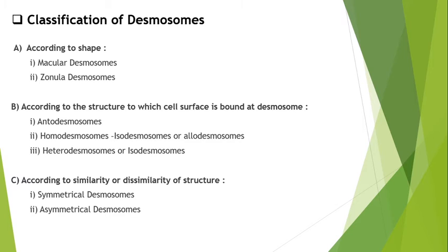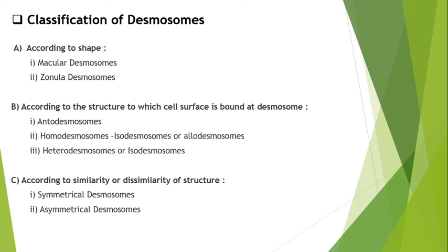Same cell, but the cell surface area is different. Then homodesmosomes. Homo means similar.